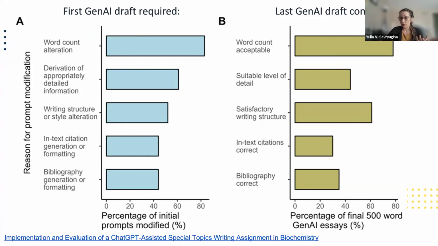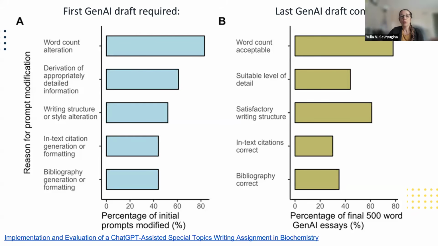Because we approached this as an educational project for us, also to learn about student experiences. So we asked students at the end how many prompt modifications they needed in order to succeed in a specific task. So for example, in blue is how many prompt modifications were needed.